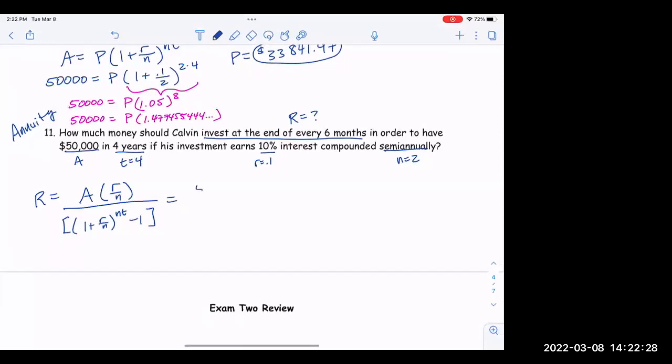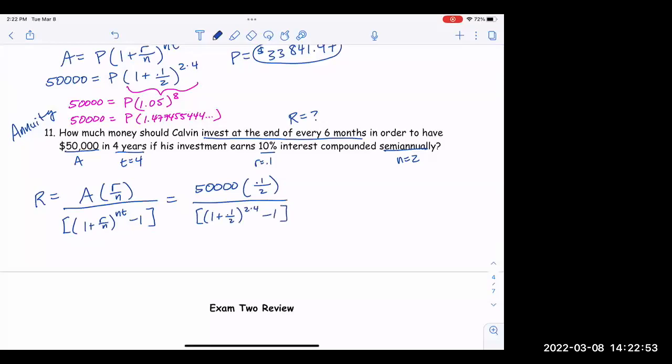All right, so 50,000 was our future value. 0.1 for R, 2 for N, for 4 years.